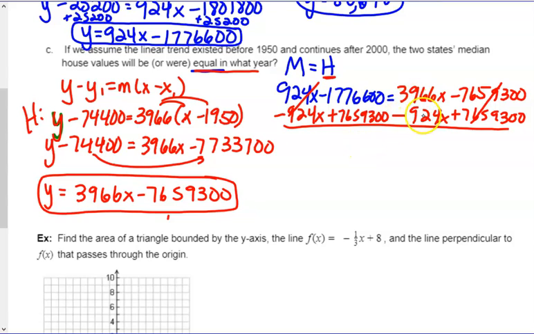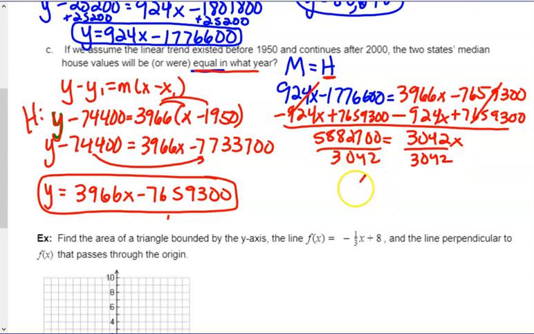When I subtract these two, I get 3,042x. And on the left side, I get 5,882,700. And then I'm going to divide by 3042, divide by 3042, which gives me the number next to the letter. And then x is equal to 1933.8. I rounded it to one decimal place.